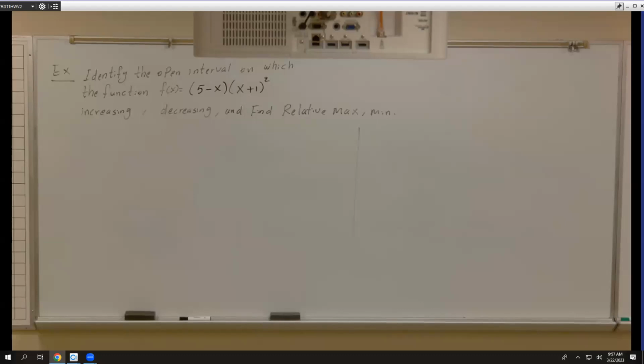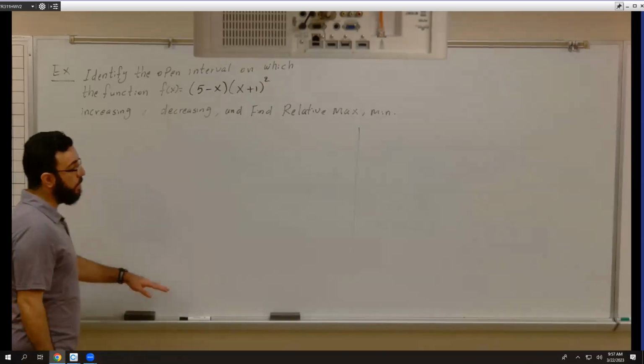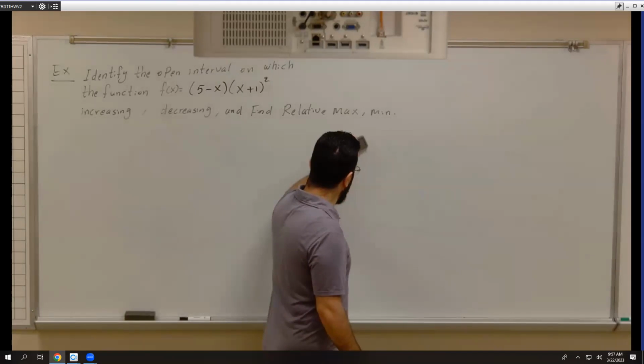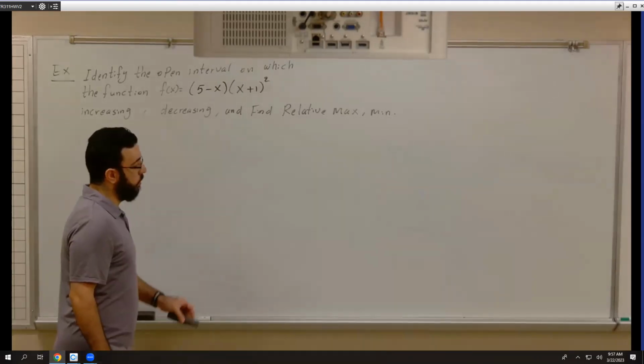Let's do the same thing. Find the open intervals on which the function is increasing or decreasing. Now check our function, f of x equals 5 minus x times x plus 1 squared. You do exactly the same process, but the first step is to find the derivative, or find the critical numbers.